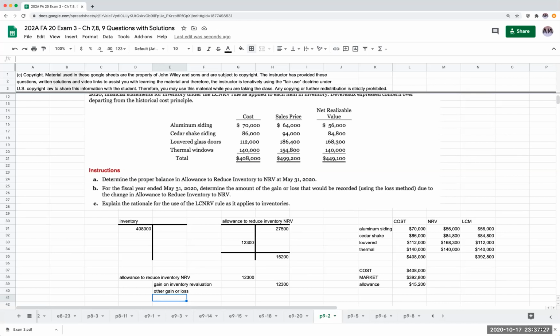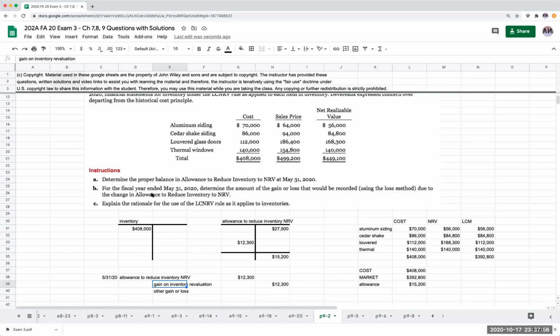So this would be a recorded gain as of May 31st. I end up with a gain because the valuation allowance I need is 15.2. It was already at 27.5. That's why in this case I'd have another gain. That's what I would go through and do.